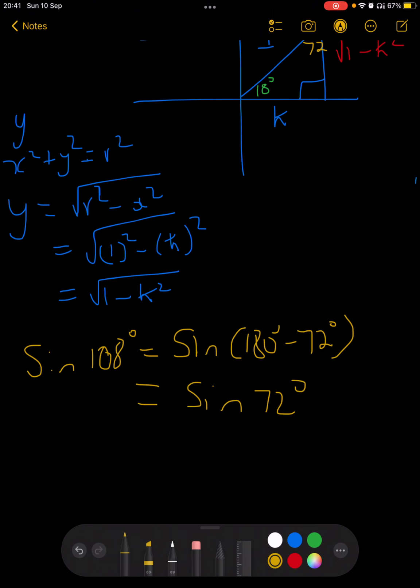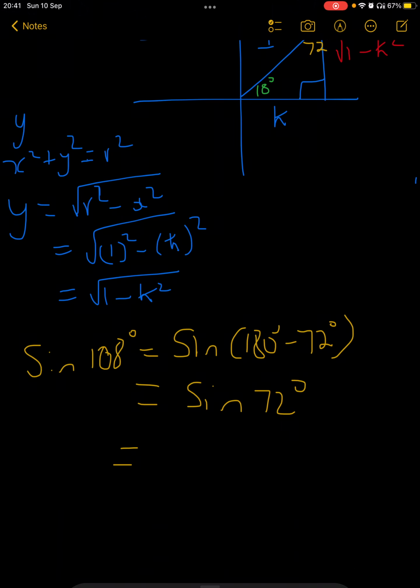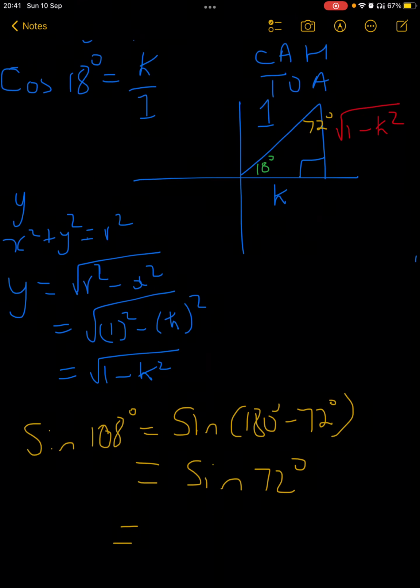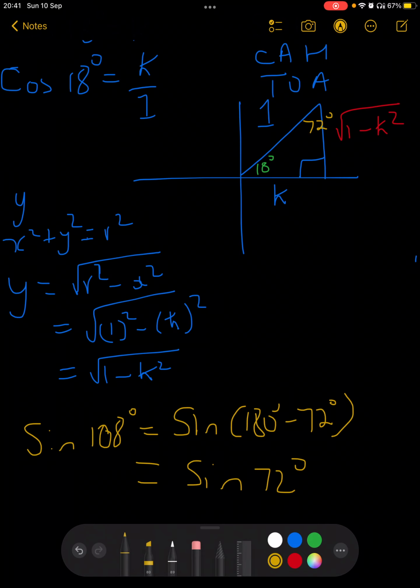Now, I always say whenever you want to read sine 72, you tilt your book or device, such that the angle 72 faces you, and then you can see what is opposite, because we know sine is opposite over hypotenuse.